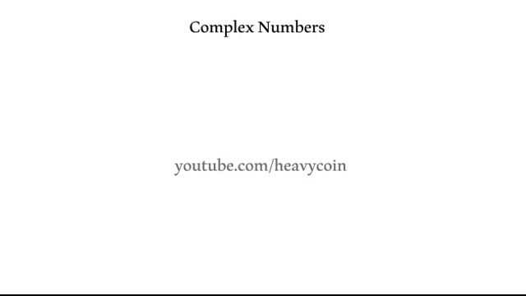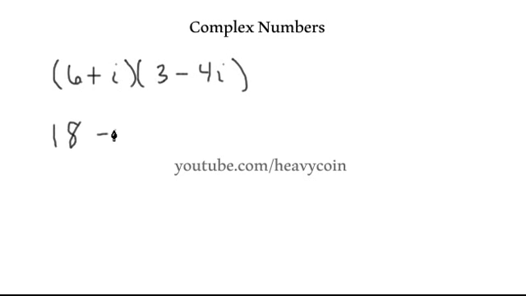We're going to multiply two complex numbers, 6 plus i times 3 minus 4i. So 6 times 3 is 18. 6 times negative 4i is negative 24i. And then i times 3 is 3i. Then i times negative 4i would be negative 4i squared.